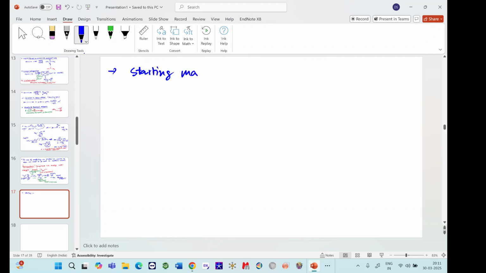A starting material can lead to your product in different ways. You have a number of routes. Some routes will have 10 steps, some 15, or some 5 steps, but they all lead to the product.